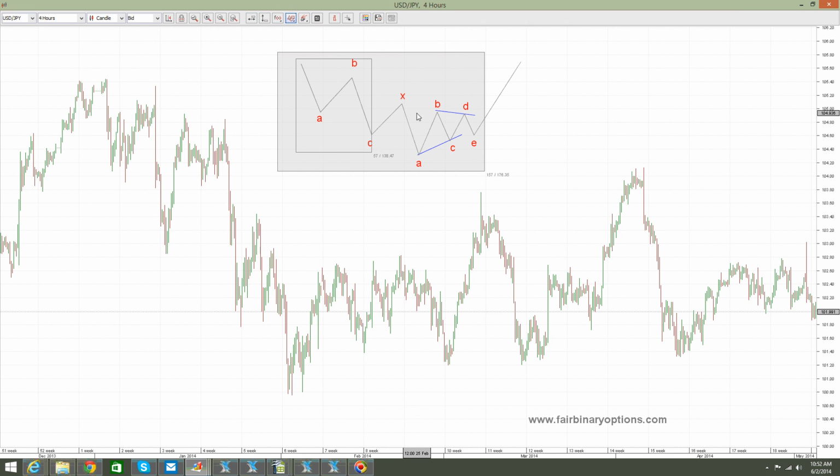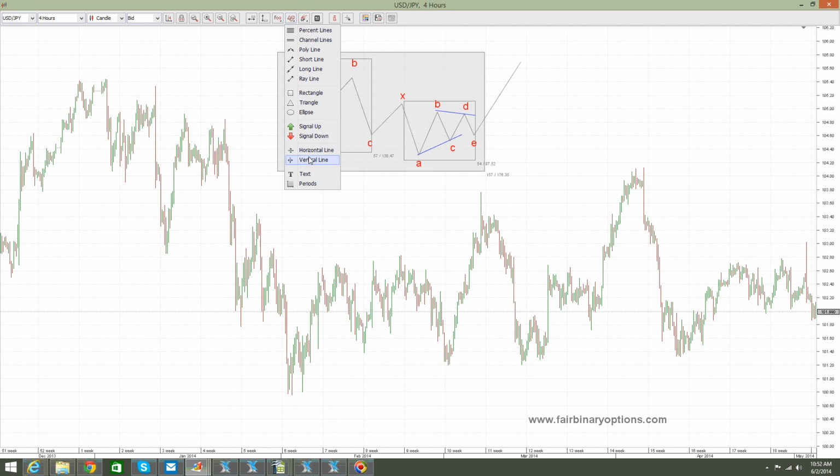It is possible that the second correction is formed out of a zigzag. If it is formed out of another flat, that will be called a double flat. But if instead of the contracting triangle you have another zigzag, then it is called a double combination.